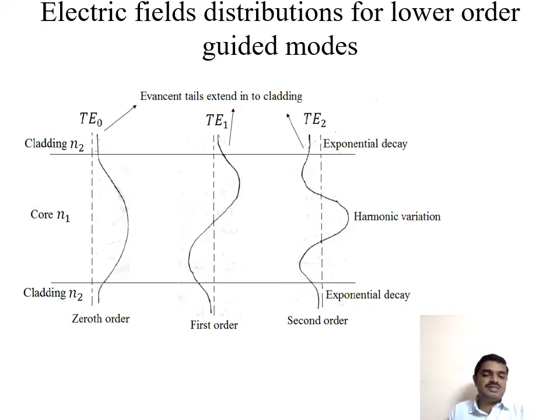Ray congruence means continuous variations in angle. Here is the zeroth order; coming towards higher order, there are continuous variations, and those variations are measured in the angle of ray congruence.